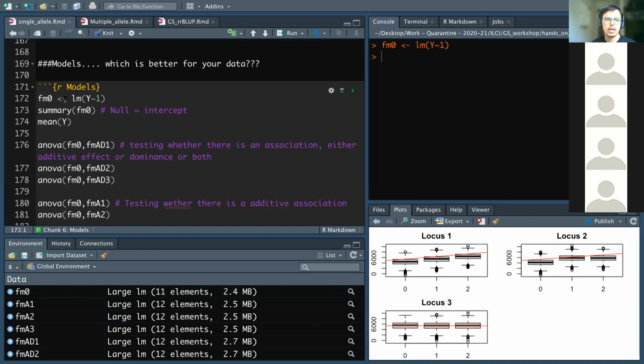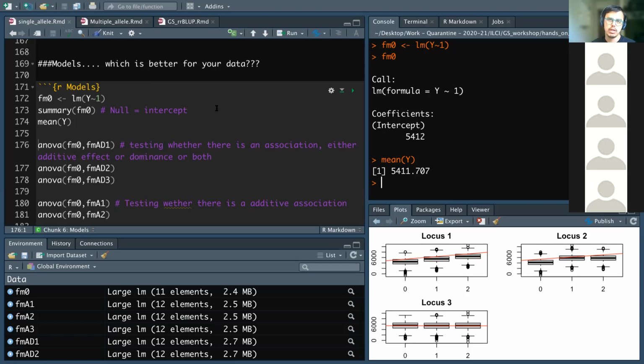Your question is really good, Antoine. The first thing we have to do is set the intercept that we're going to use as the null hypothesis. That intercept is nothing different than the mean of the population. So we're going to compare whether the additive or dominant effects are different from the mean of the population.